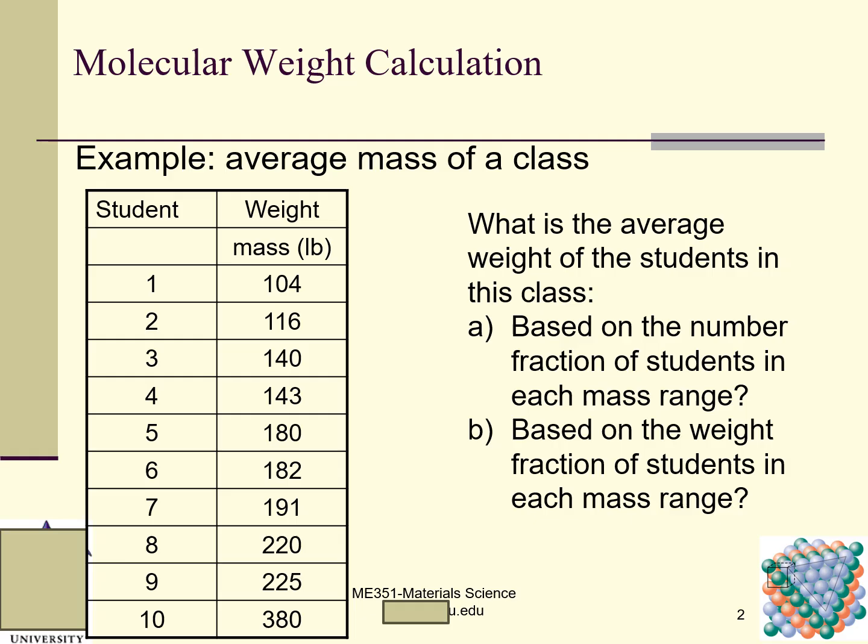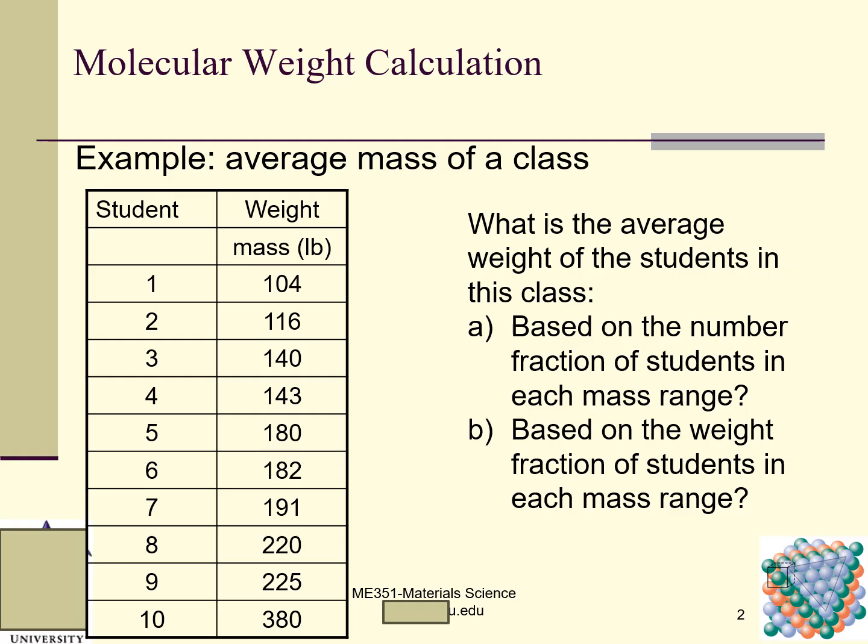So this is the example I gave you last time. Here, for example, average mass of a class. This is the student index, and this is their corresponding weight, the mass in pounds. What is the average weight of the students in this class?